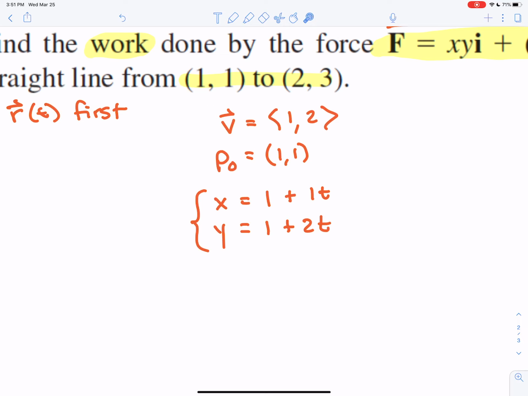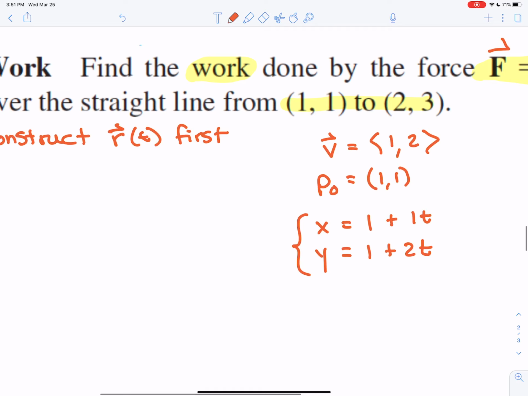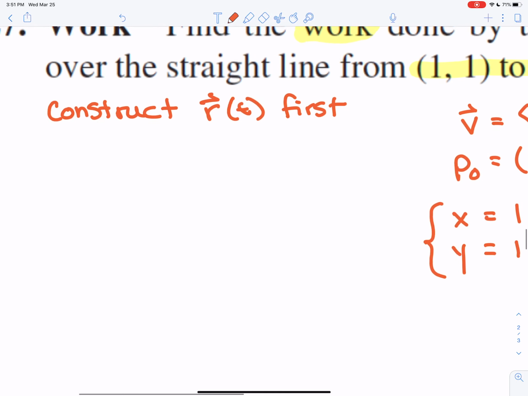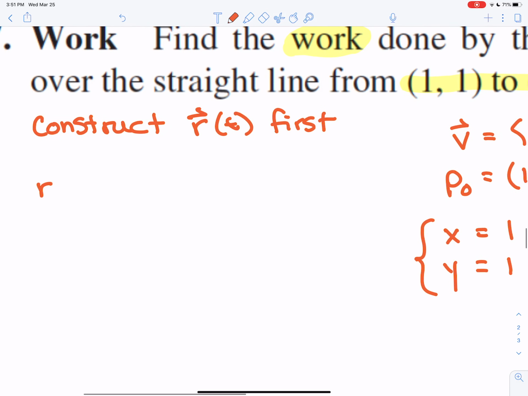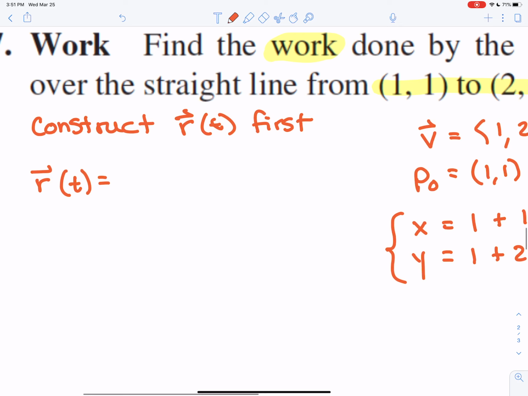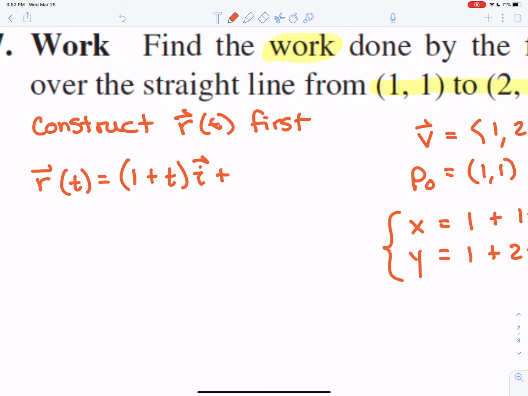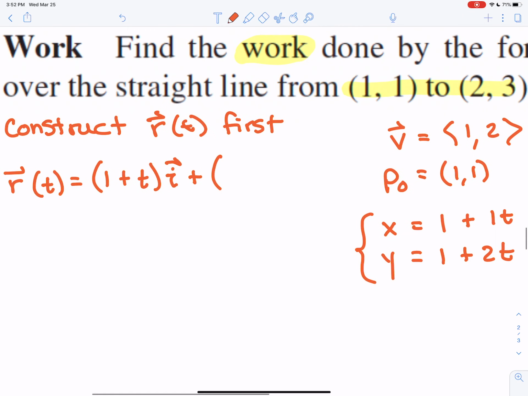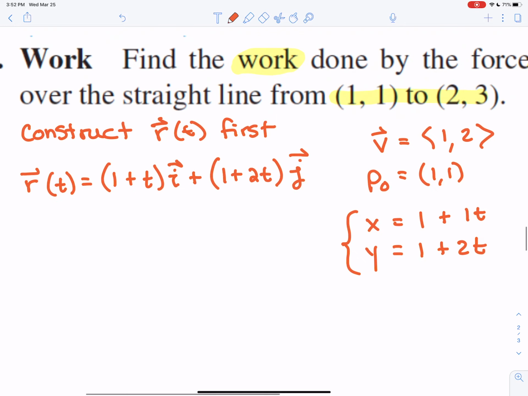And now let's just write it in terms of r of t. So r of t then becomes the x part, which is 1 plus 1t. So that's 1 plus t in the i direction, plus 1 plus 2t in the j direction. Right, so this is now our path of integration.